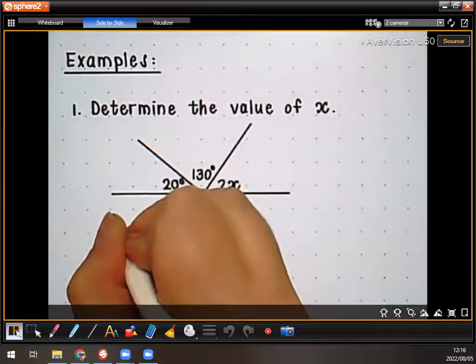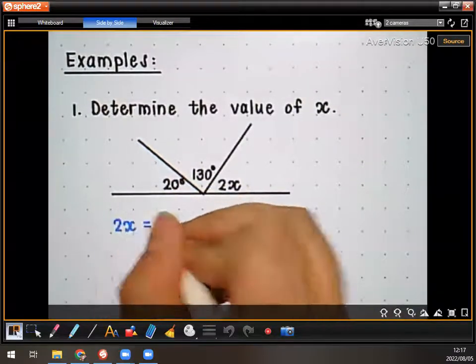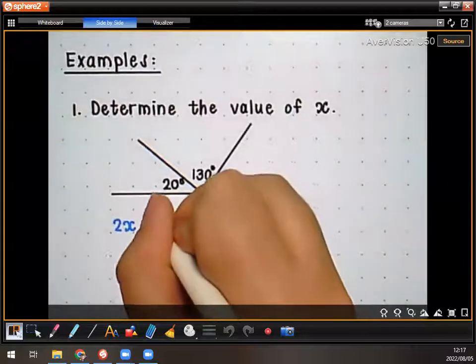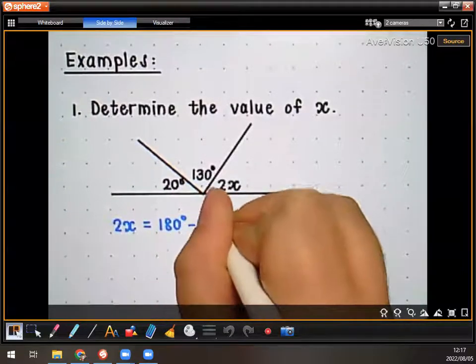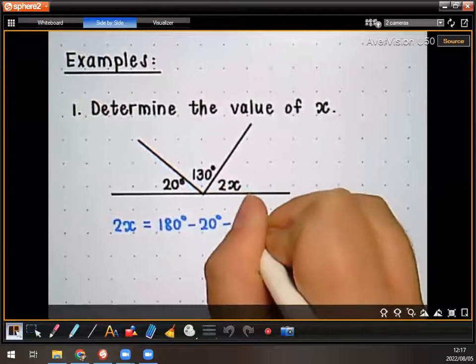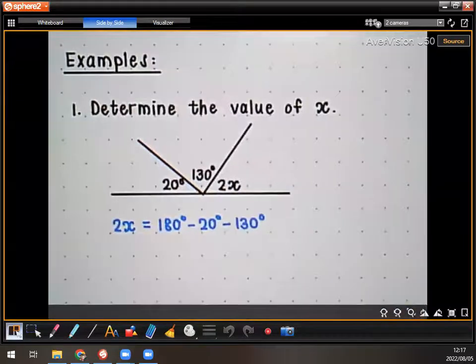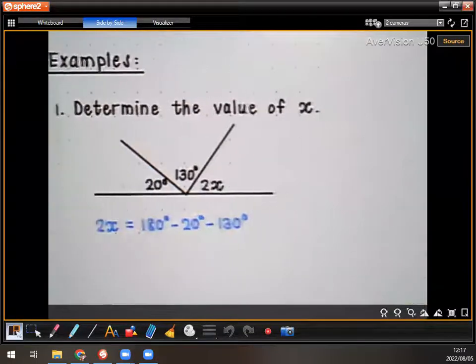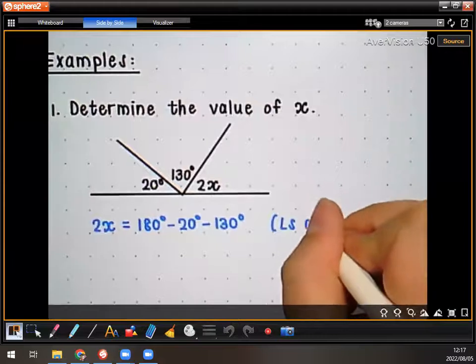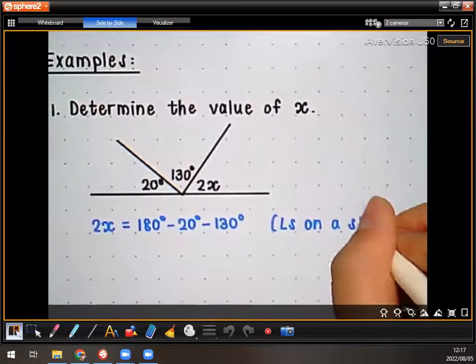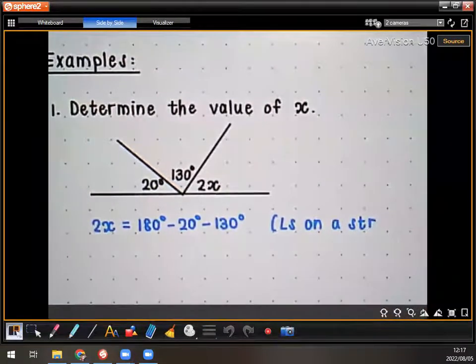So in the past, what we would have done is we would have said 2x is equal to 180 minus 20 minus 130 degrees. What is the reason for that? Angles on a straight line.